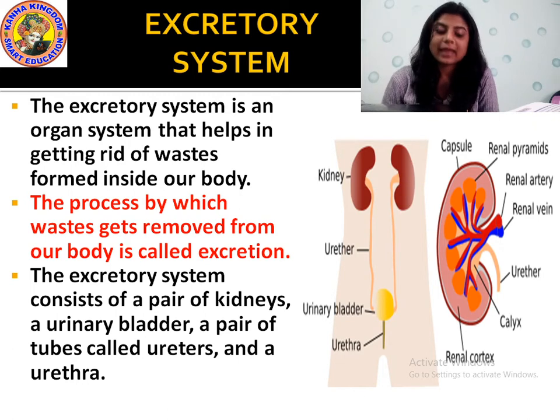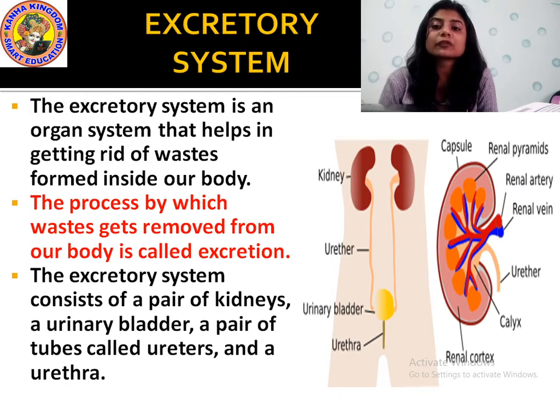Okay, and this is done by the excretory system. Alright, the excretory system consists of a pair of kidneys, a urinary bladder, a pair of tubes that are called ureters, and urethra. What does this excretory system consist of?